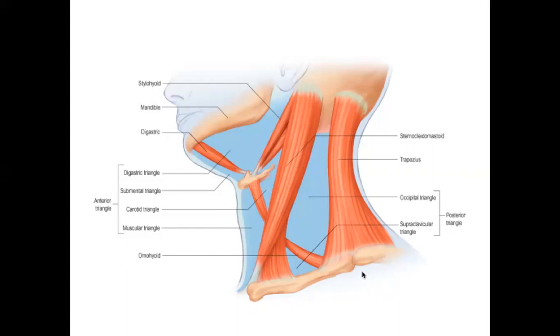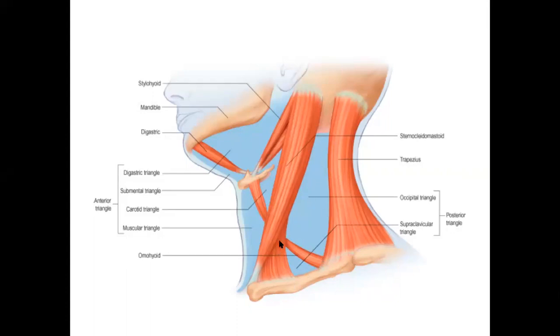This is the clavicle. This muscle has two bellies. Two bellies means two stomachs, muscle bellies. This is the superior belly and this is the inferior belly. The inferior belly of omohyoid divides the posterior triangle into two triangles.